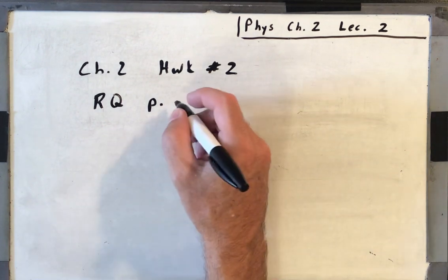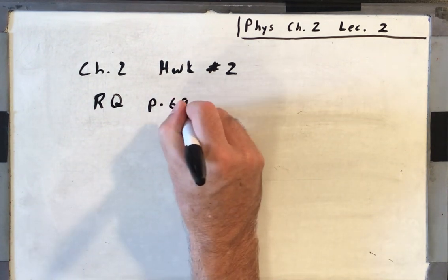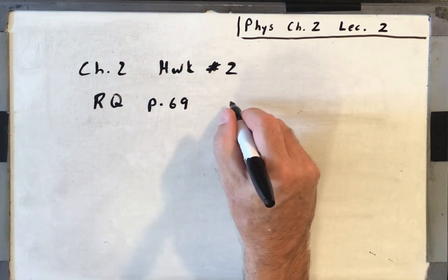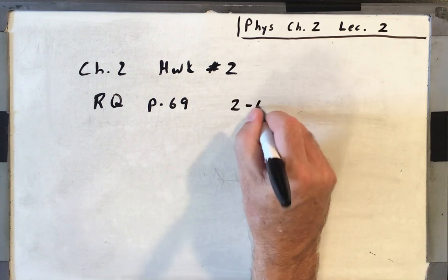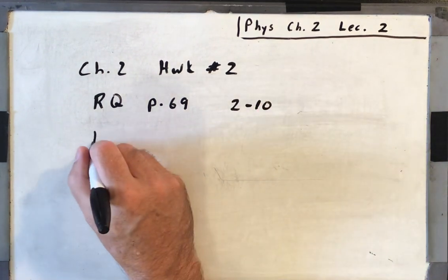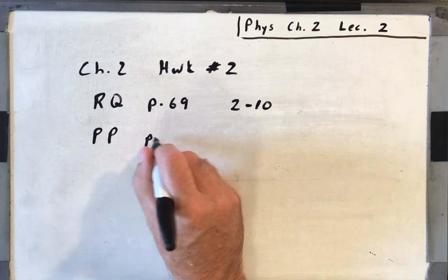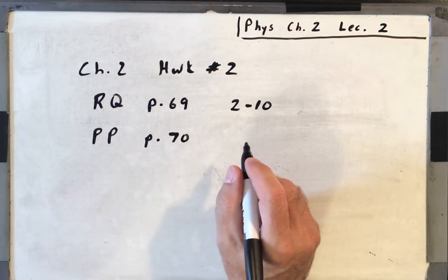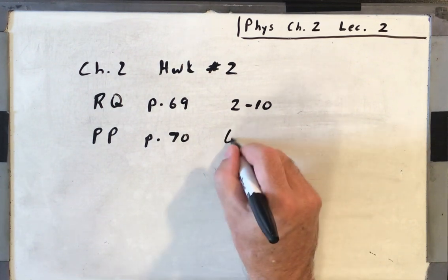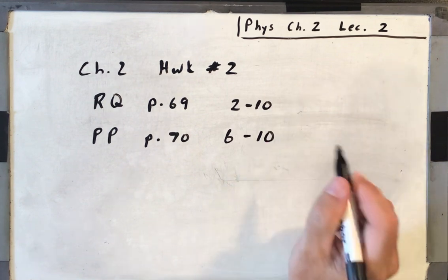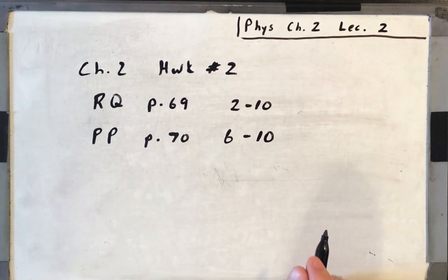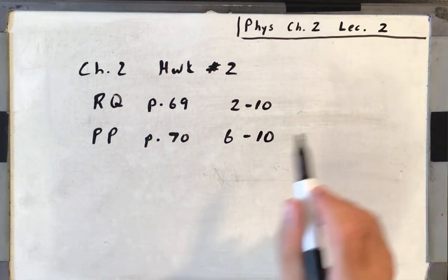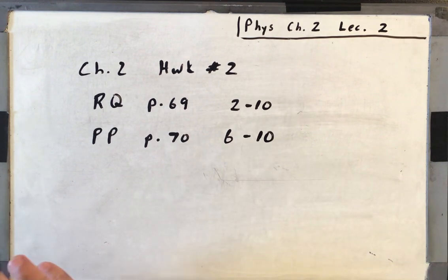All right, 69. So most of the review questions are about free fall. Review questions 2 through 10, but they're very short answer. And practice problems. All right, we did 1 through 5 last time, so we can do 6 through 10 and finish it up. All right, and I do not think you need to use the quadratic formula on this assignment, but you might need to on the extra practice problems.